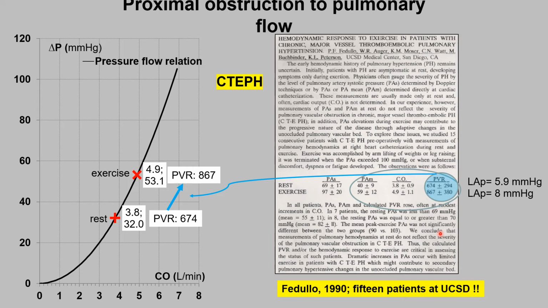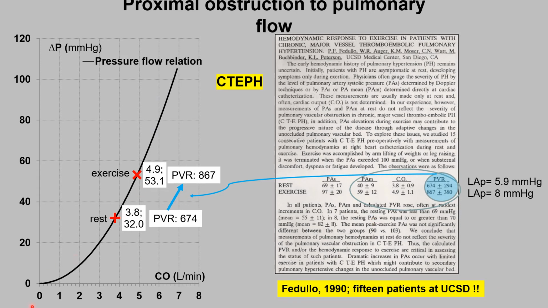So if you put this data here, you see I'm plotting here at rest. And in this case, I calculate from the data the left atrial pressure. But the point here is that you have these levels of pressure and flow, and he's saying that the PVR has increased, and you can see that a parabola is passing through all the 3 points: the zero, the rest, and the exercise.